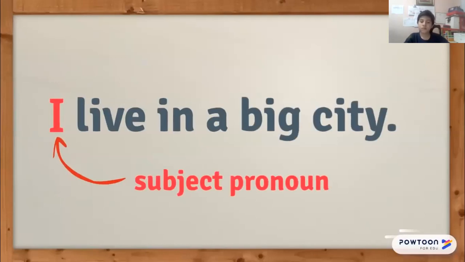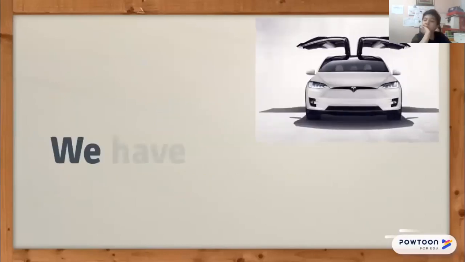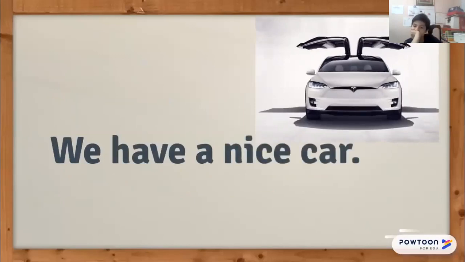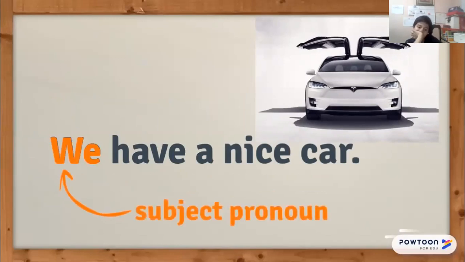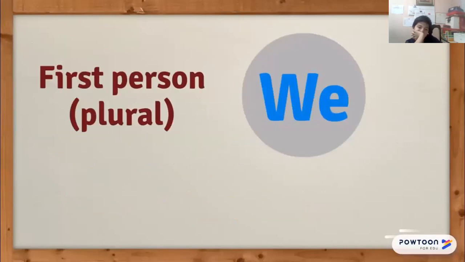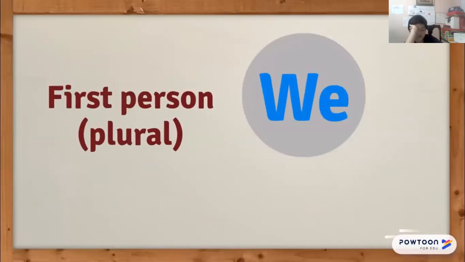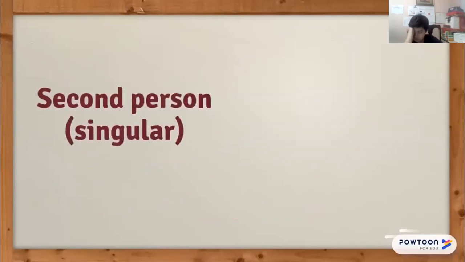Look at the next example. We have a nice car. In this sentence, we is the subject pronoun, and it is the plural form of the first person. Now, for the second person singular, the subject pronoun is you.